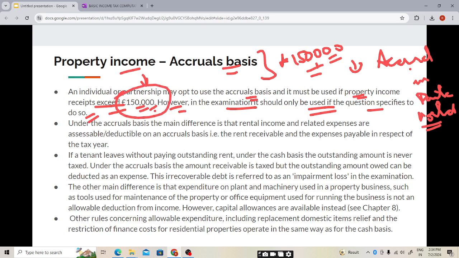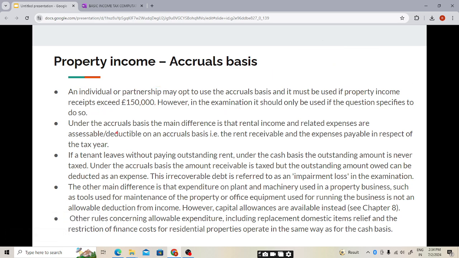Under the accrual basis, the main difference is that the rental income and the related expenses are assessable and deductible on an accrual basis, that is, rent receivable and expenses payable in the respective tax year.